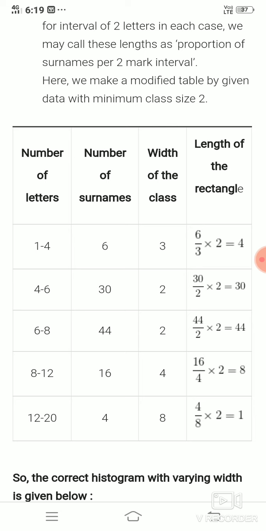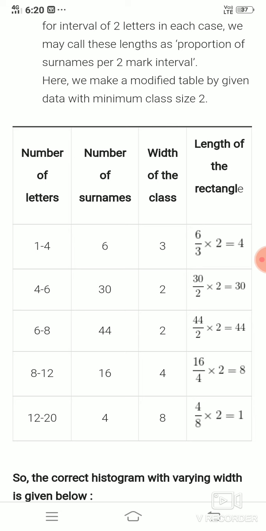Next also you need to introduce: 1 by 2 into 30, next 1 by 2 into 44, next 1 by 4 into 16, next 1 by 8 into 4, it's 0.5, no?